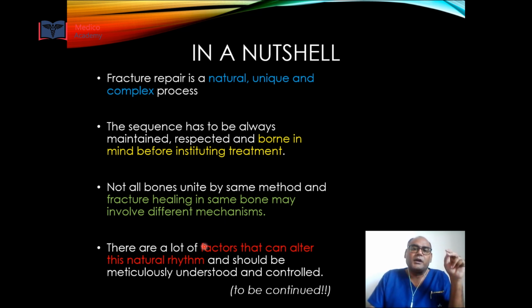There are lots of factors. All these 6 stages which we discussed are modified by lots of variables. They start from the injury itself, the treatment, the patient factors, how old he is, what the nutrition status is, etc. They have to be understood and borne in mind before we ever institute the treatment for proper healing, and we should be able to control this milieu to provide the best optimal outcome to the patient.